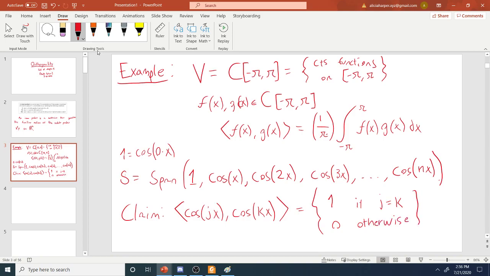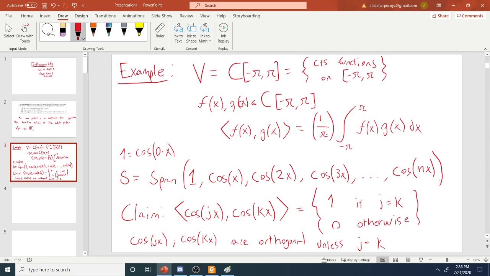So concretely, in the language we introduced last time, cosine jx and cosine kx are orthogonal unless j is equal to k.